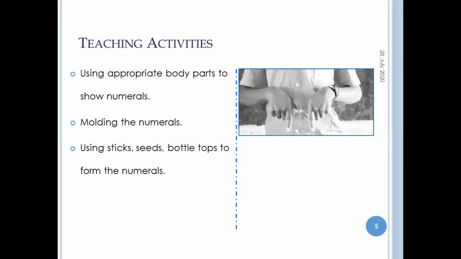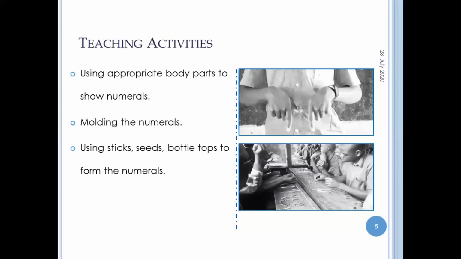In another activity that I gave my learners, the learners used sticks, seeds, to form numerals, like you're seeing here. It gave them practice, it gave them time to master the numerals, and when it came time for using the numerals, it was that easy.